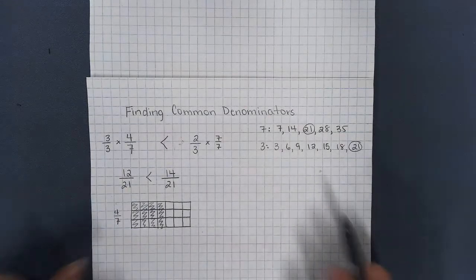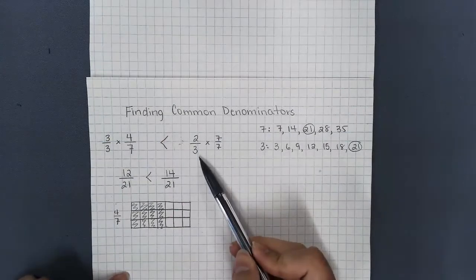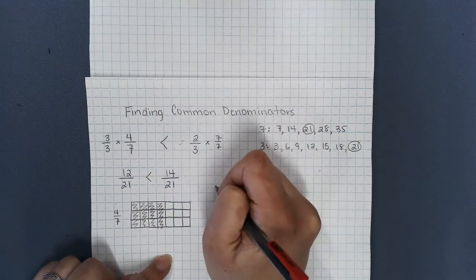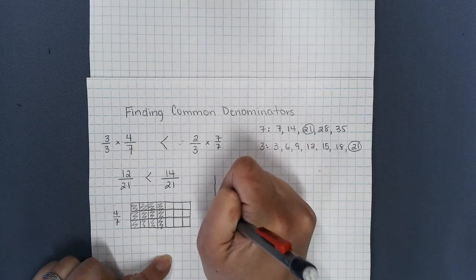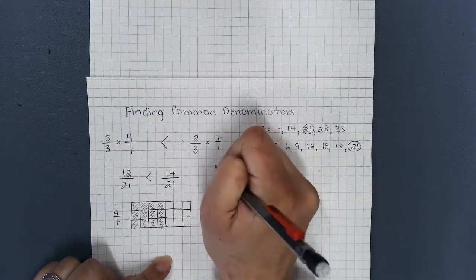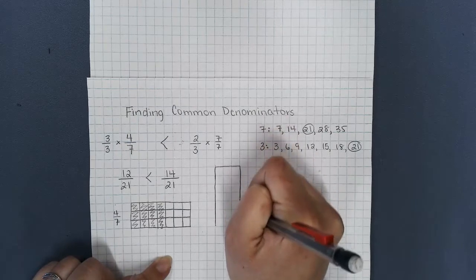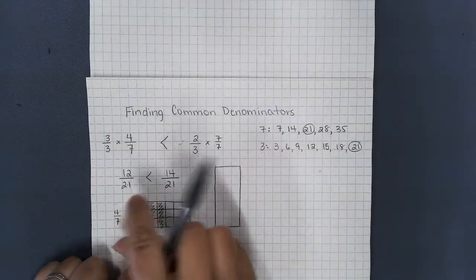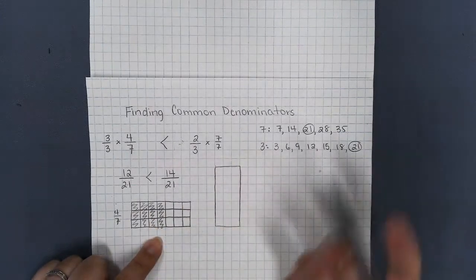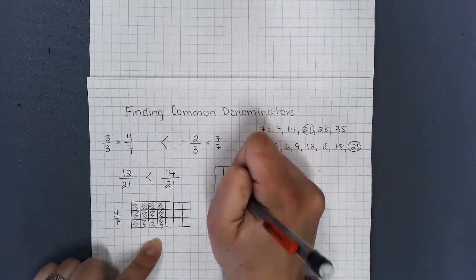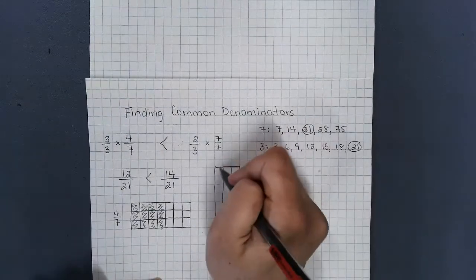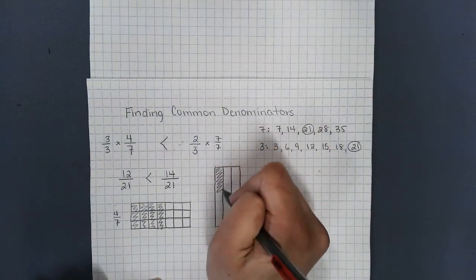And the similar thing happens with the 2/3. So I can do that as well. Let me see if I can get an image here. So same sized object, I've just rotated it because it helps my brain to think about it a little bit easier, because I'm going to divide this this way. And I've got 2/3 shaded in.